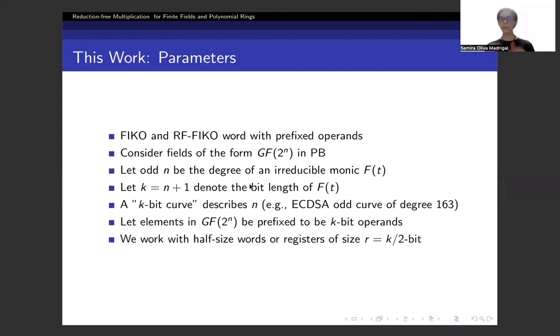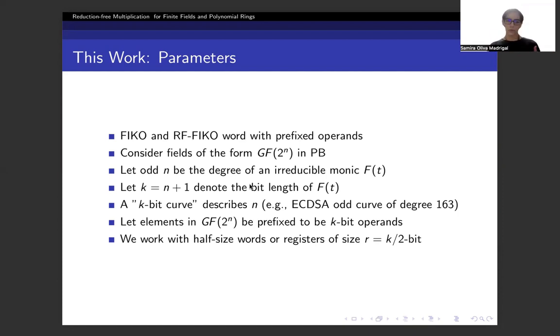So for FIKO, fully interleaved Karatsuba-Ofman and reduction-free FIKO, we work with prefixed operands because of the nature of the modulus polynomial. We prefix the operands to have equal length for symmetry, and for our purposes, we work with a trinomial that is necessarily of odd degree so that we can split it evenly.